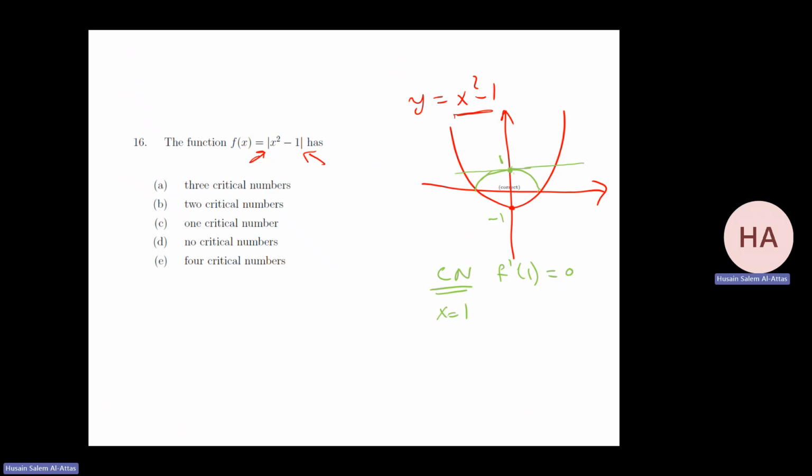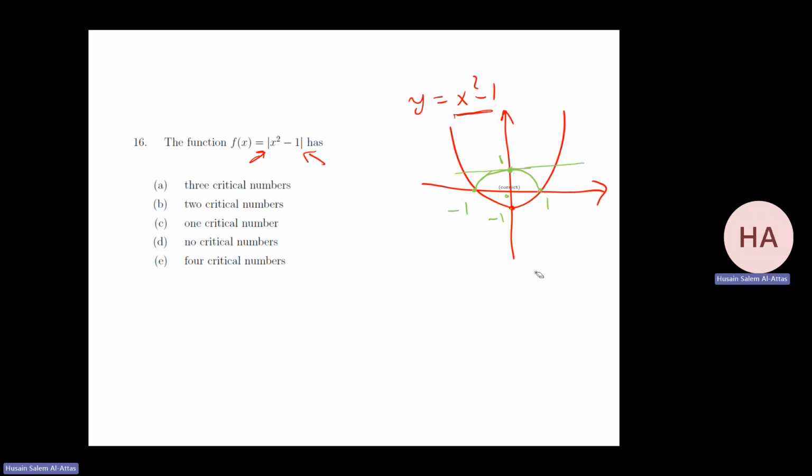What about these values? This is minus 1, and this is 1. What about at 0?